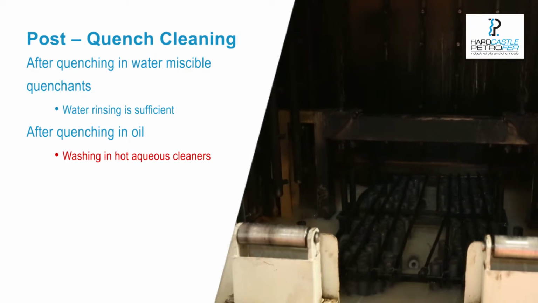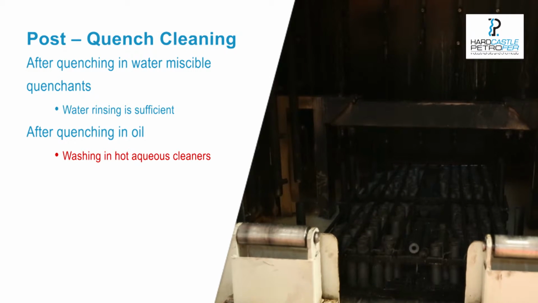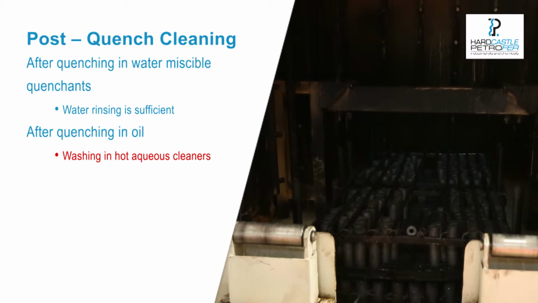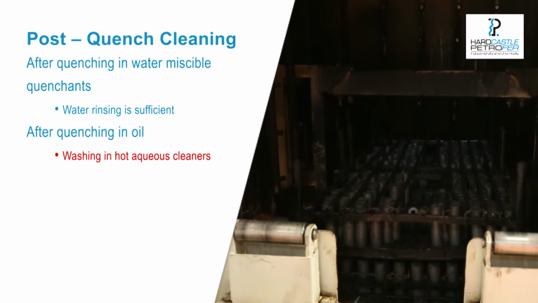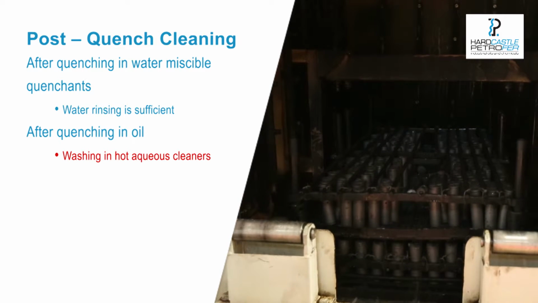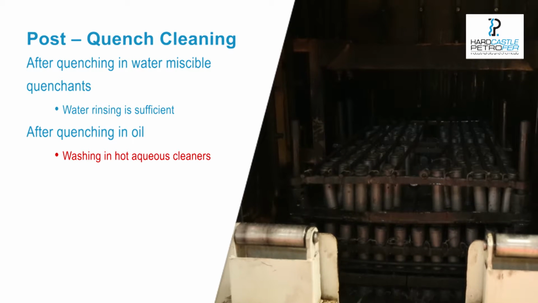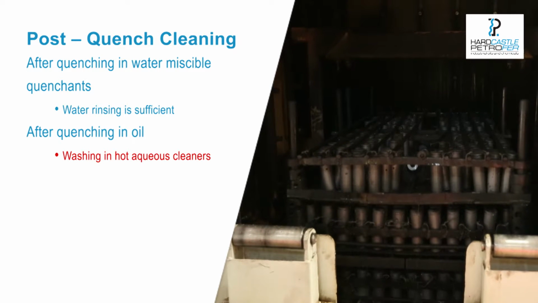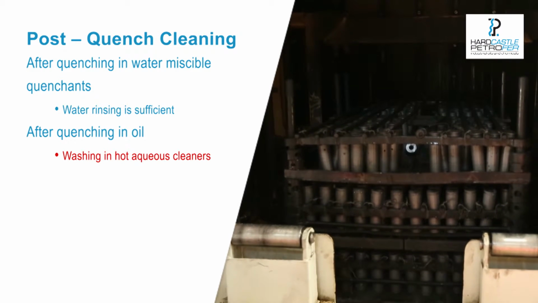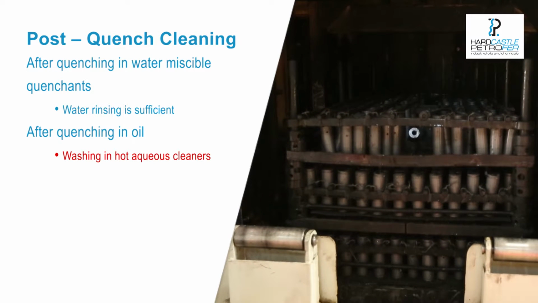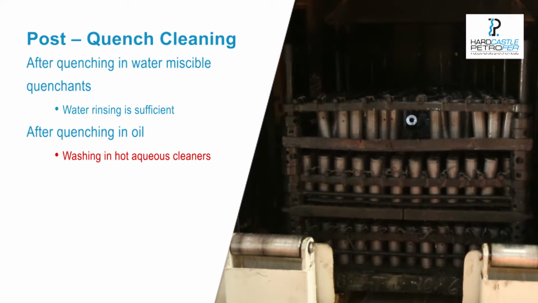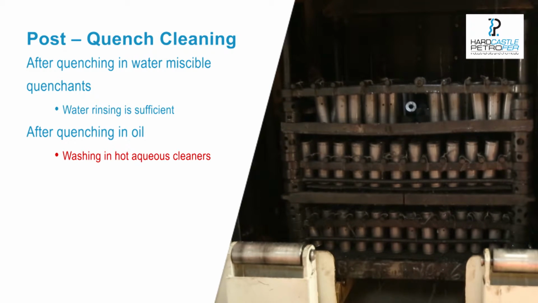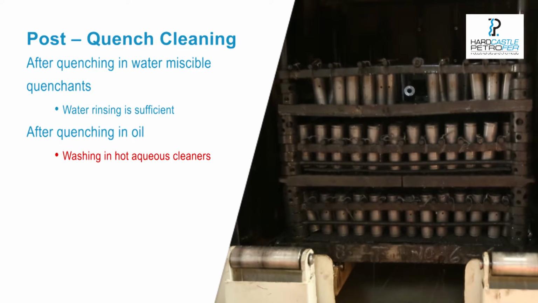Removal of quenching oil generally requires the use of hot aqueous cleaners or use of water-washable quenching oil. Degreasing with solvents in a soak tank or in vapor is also possible. The hot cleaner chosen should be formulated to provide rapid release of the quenching oil so that it can be easily removed from the wash tank.